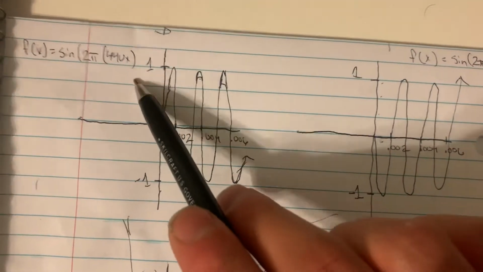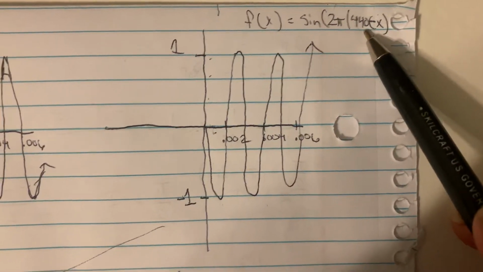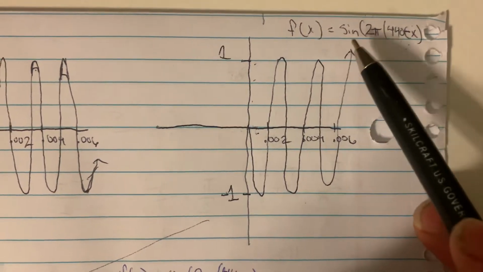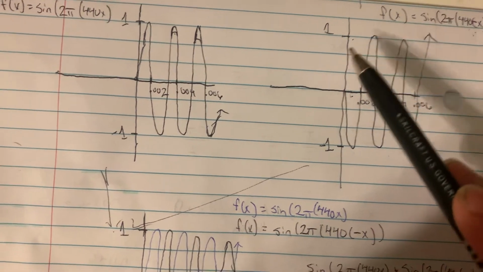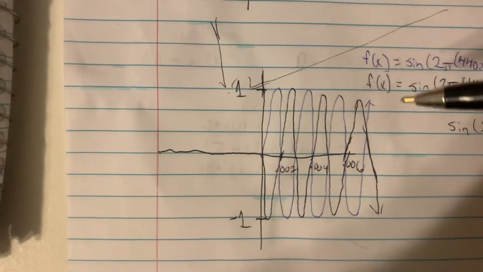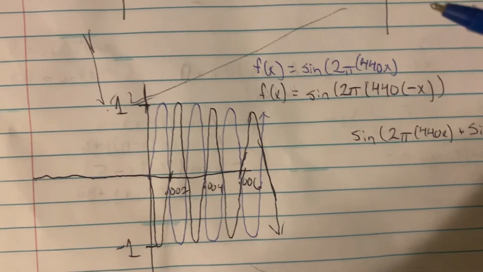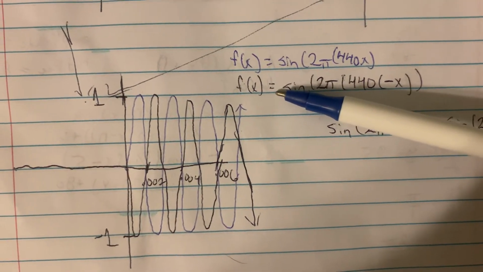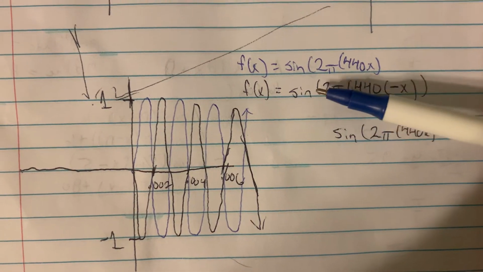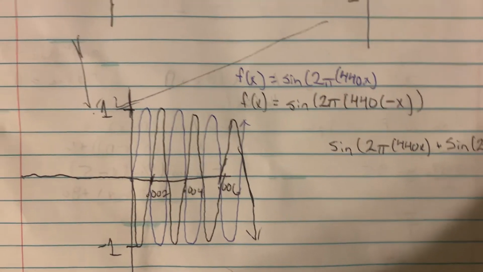All right, so now we've got two different sound waves. We have our original noise, and then the reflection of that noise, and we put them on the same graph here. I've color coded it. Blue is the original, and black is the reflected trig function, the trig function with the reflection.